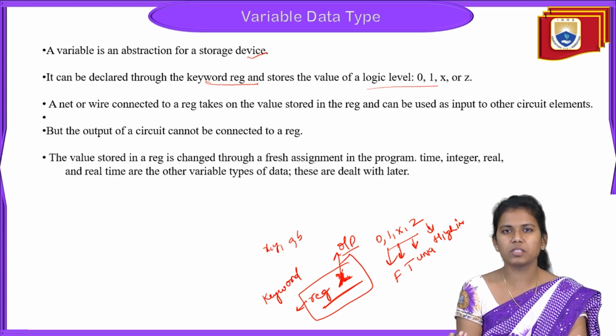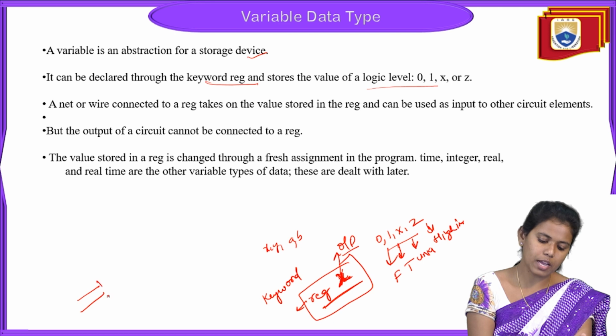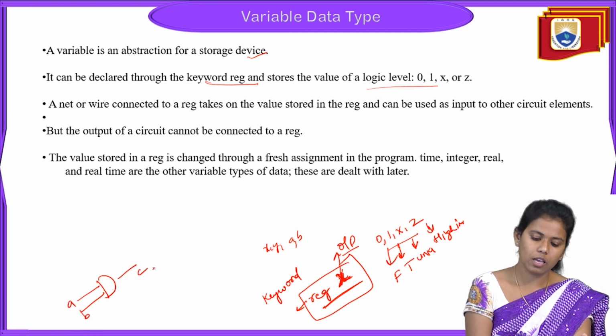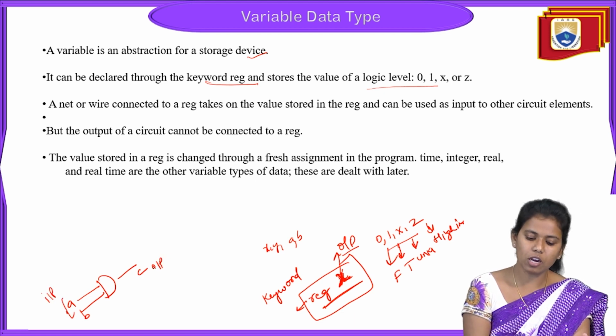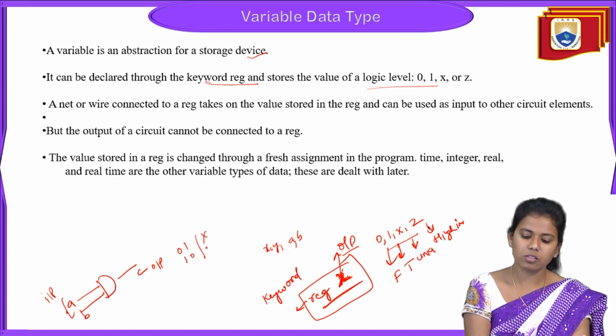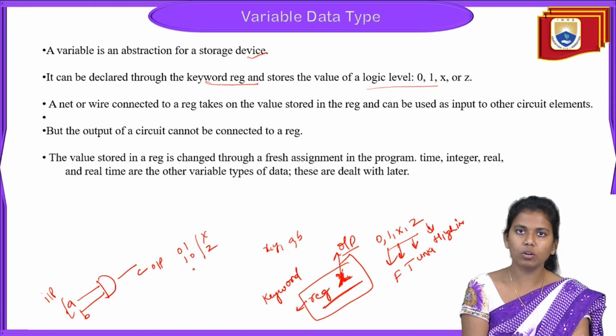Likewise we represent the output, for example, AND gate with A, B. C is the output variable, A and B are the input variables. So this output variable will be 0 or 1, sometimes X or Z. We store this output variable using a keyword called register.